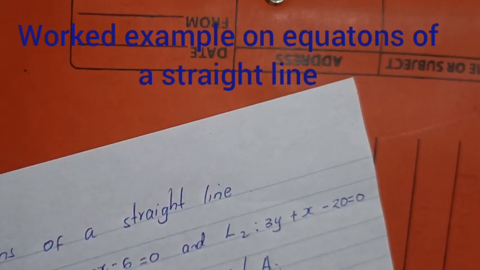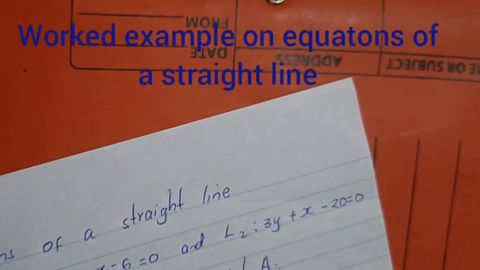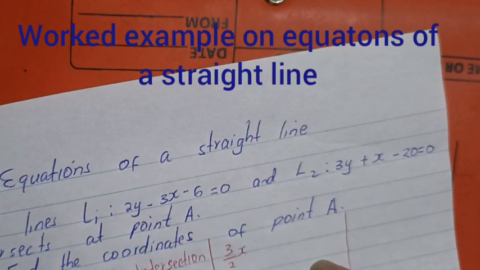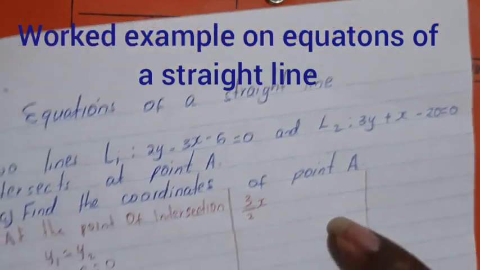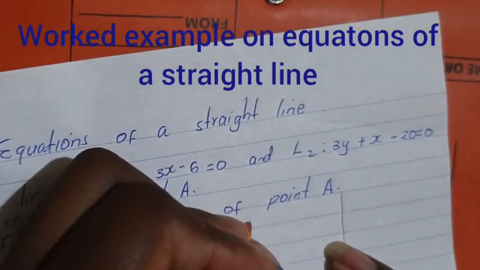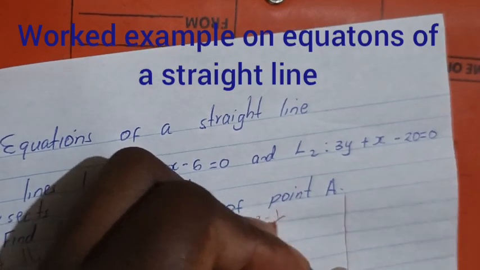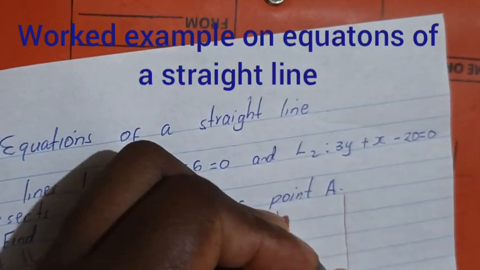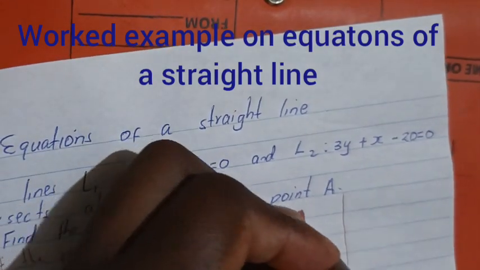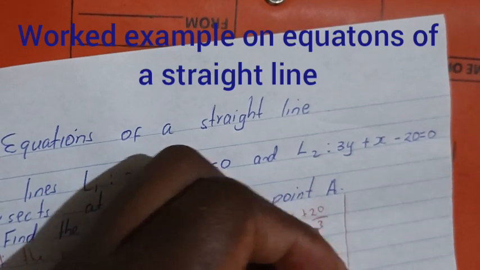In this case, we will take the right-hand side of each equation: 3 over 2x, I think it is a positive, yeah, it is positive, plus 3 should be equal to negative 1 over 3x plus 20 over 3.